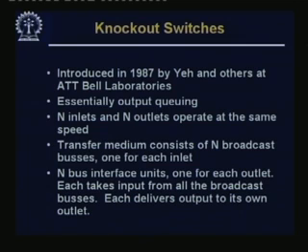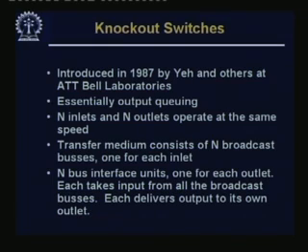The point is that if the switch is trying to pump more bits to a particular output line than that output line can handle, then you have to either drop these bits or store them somewhere, maybe in a queue.